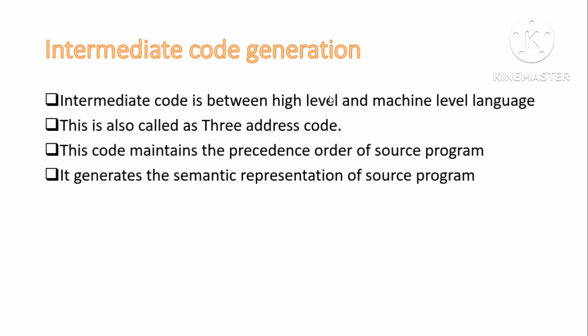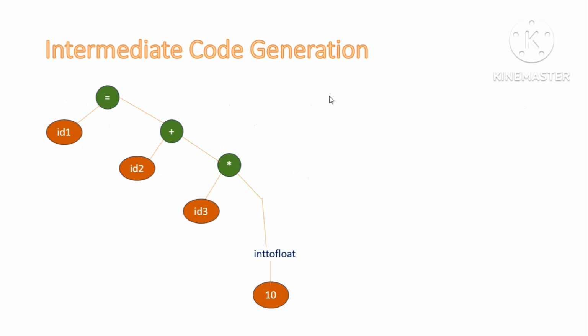For instance, when you have plus and star in the same expression, normally we have to evaluate star first and then plus. So we have to write the intermediate code for star first, and it should be followed by the plus operator. So that's how it goes. Now it generates a semantic representation of a source program. So this is about intermediate code generation.